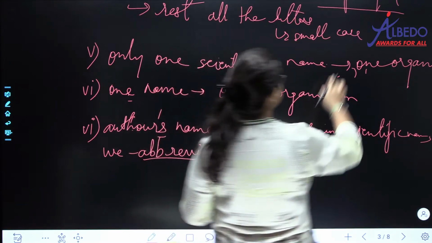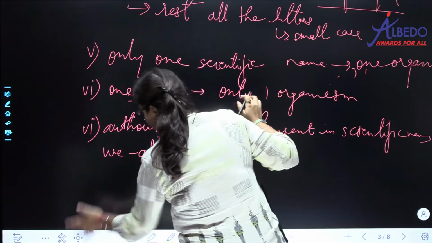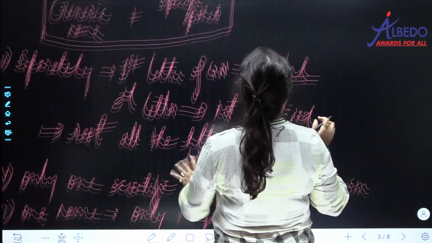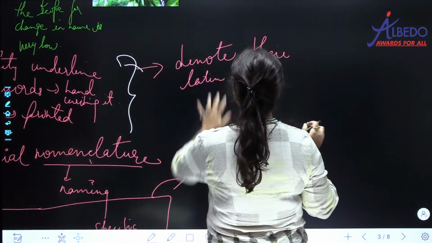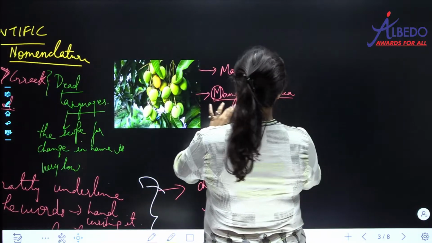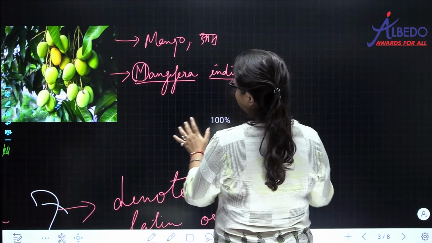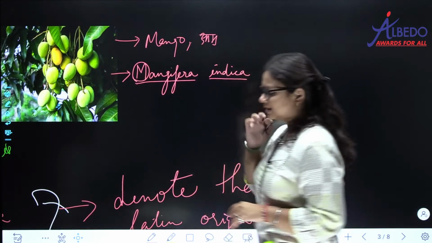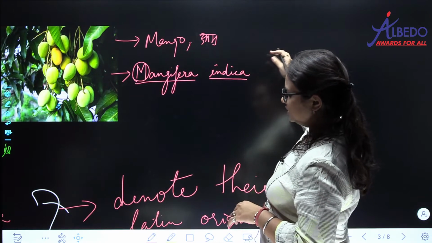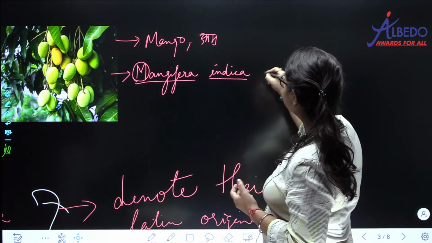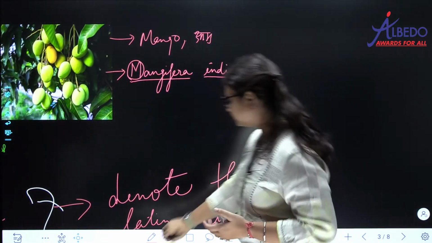So how do we write an abbreviation? The author of the scientific name Mangifera indica is a very famous biologist, who is called Carolus Linnaeus, है ना. So if I have to write down about him, I am writing it down like this, ठीक है.